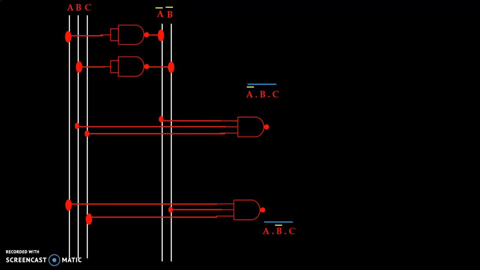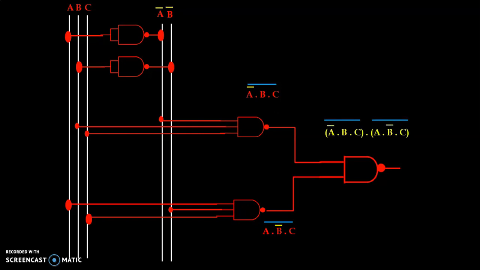Now we use a fifth NAND gate, that is with 2 inputs, and the outputs of both the intermediate NAND gates we apply as inputs to the fifth NAND gate, and that is the output as we require.